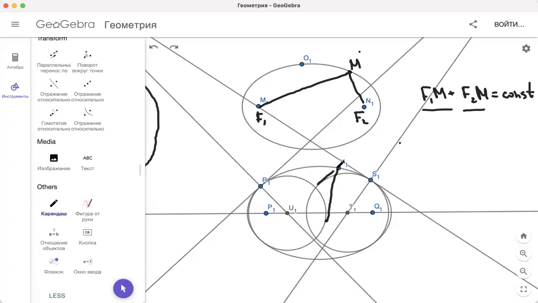Let me denote this tangent distance by T1 and T2. And let me also consider these tangency points and draw lines through these points. These lines are obviously parallel.